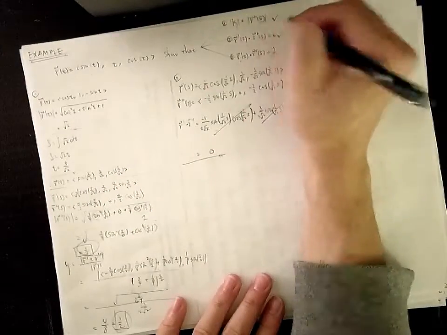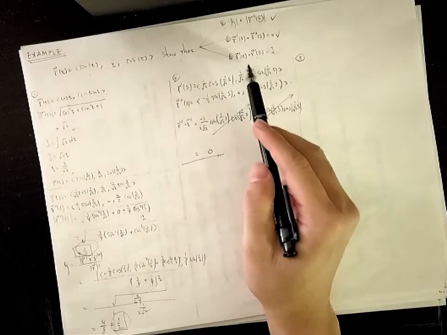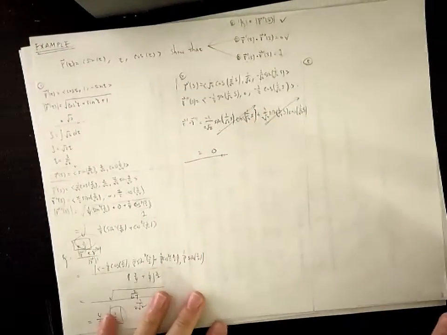The third and last one is proving r prime s dot r prime s equals 1.